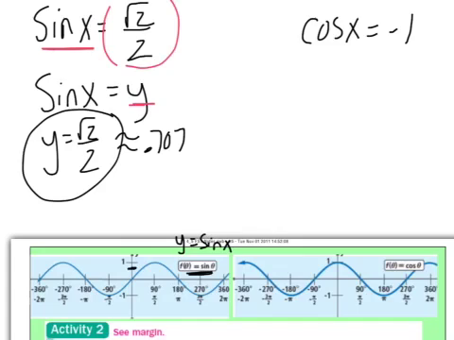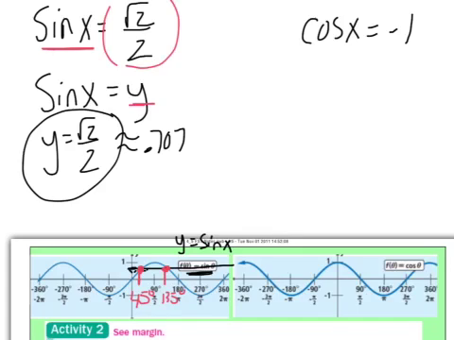You look and see where it cuts the graph there. It cuts the sine graph here and here. Where that happens, you look down on the x-axis and see at what degrees it takes place. This happens at 45 degrees and also right here at 135 degrees.